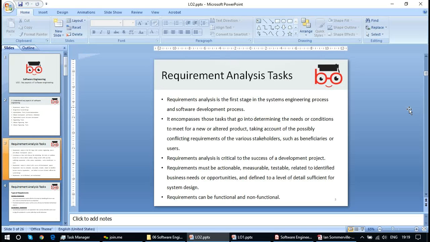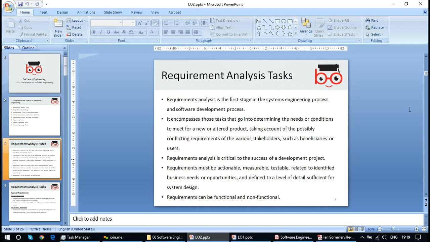We are talking about the key tasks of software engineering. Requirement analysis is the first stage in the system engineering process and software development process. It encompasses those tasks that go into determining the needs or conditions to meet for a new or altered product, taking account of the possibly conflicting requirements of the various stakeholders such as beneficiaries or users.